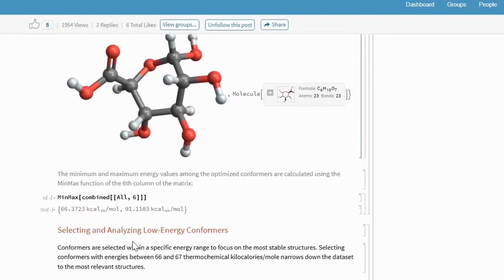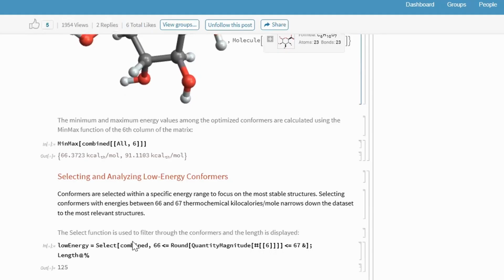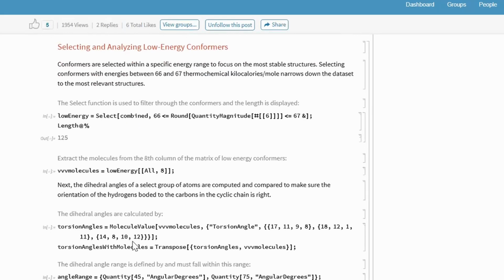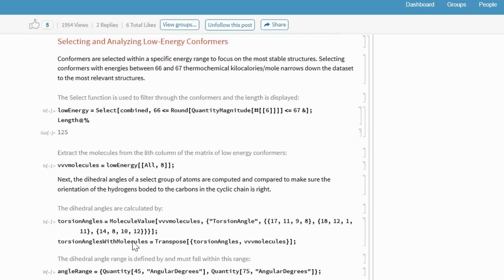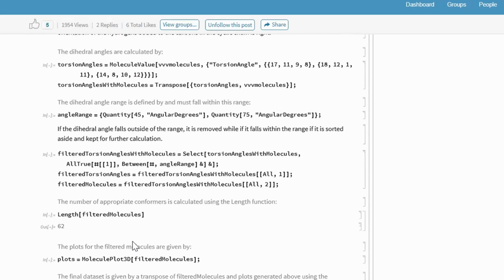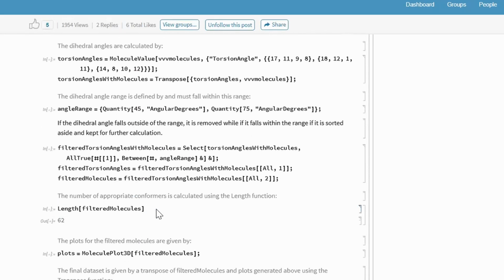So that's why we run through some geometric calculations to make sure that it falls within a really particular range. And so we go on and filter these molecules to find the number of appropriate conformers.